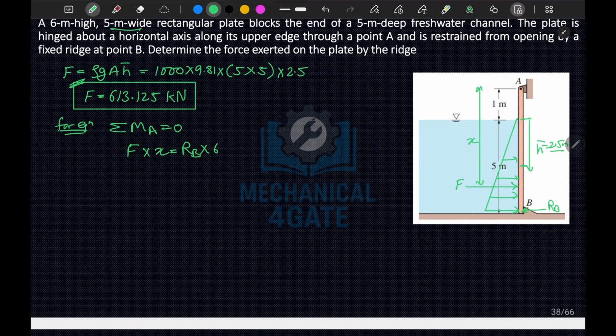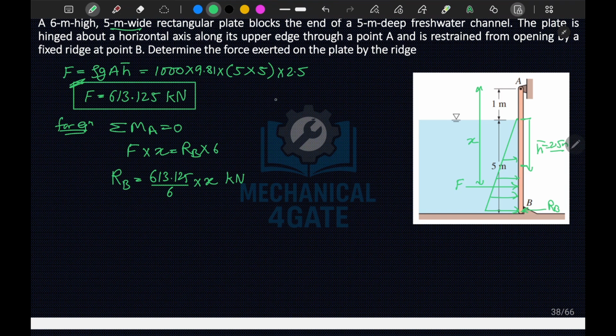So RB is equal to F, given as 613.125 kilonewton, let's keep it in kilonewton only, divided by 6, times x. Now we don't know the value of x.